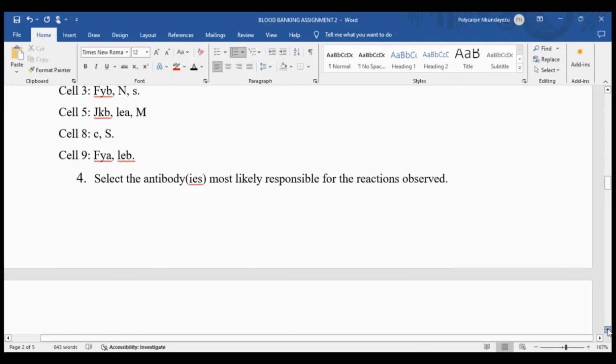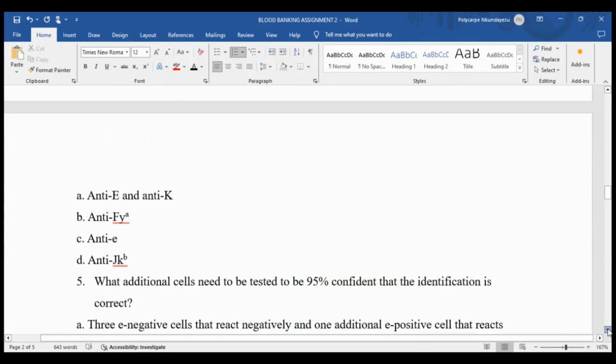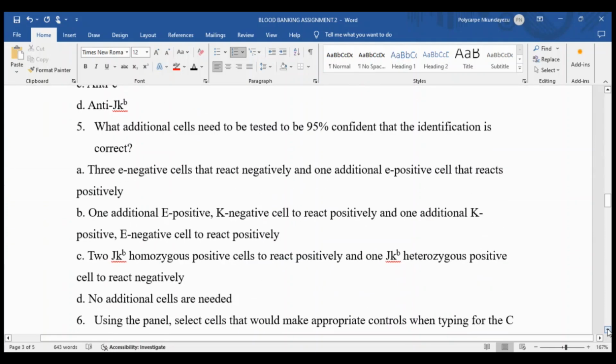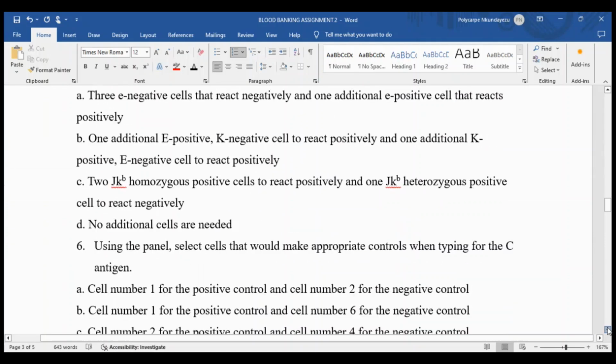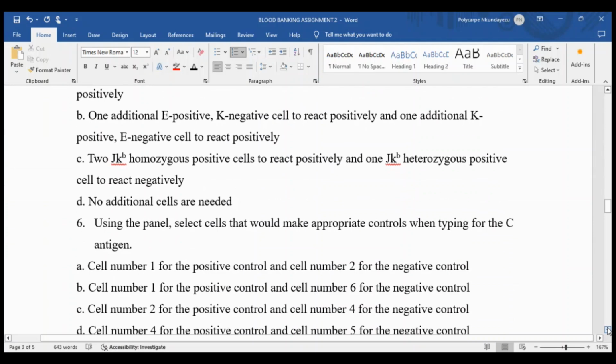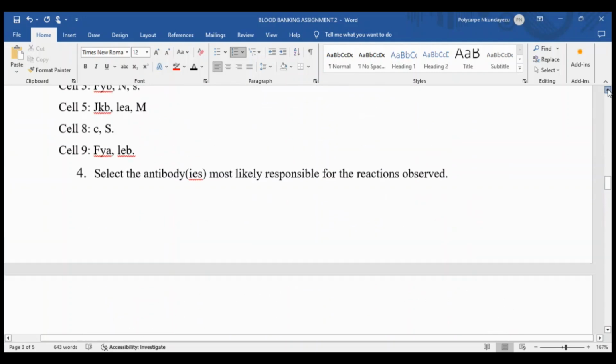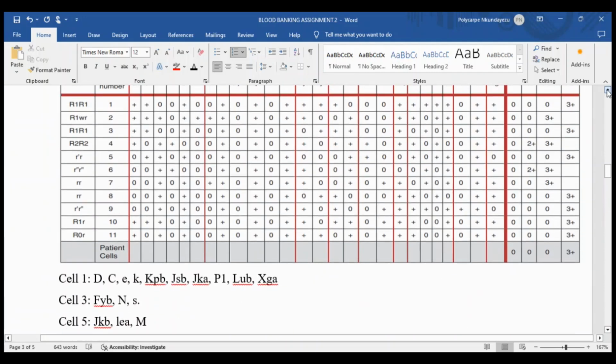The second question says, what additional cell is needed to be tested to be 95% confident? And the last one says, using the panel, select the cell that would make an appropriate control when typing for the C antigen. So first of all, we have to identify which antibody is responsible in this panel cell. So which one is responsible?